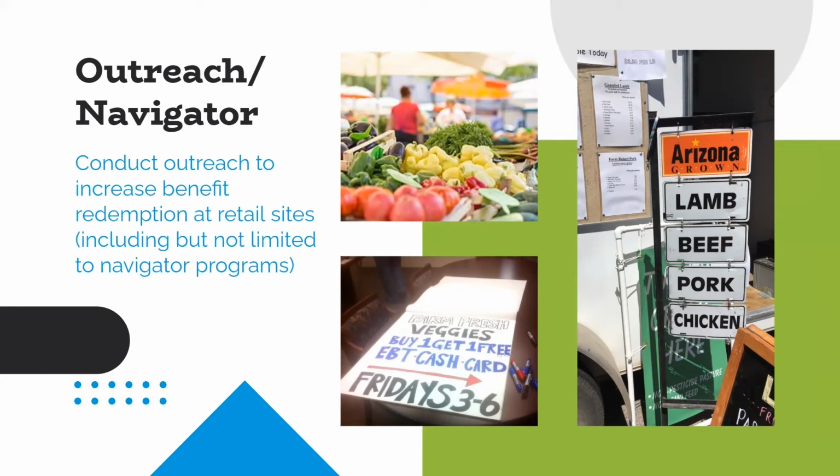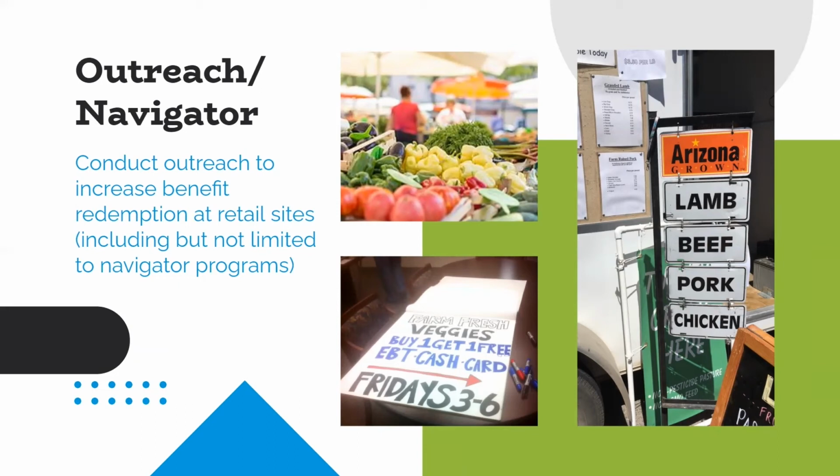One example is training staff at partner sites so they promote farmers market locations and benefits within a SNAP-Ed community. Another example is working with a farmers market to implement a navigator or ambassador program. Farmers market navigators or ambassadors increase awareness of programs like Double Up and assist farmers market customers in leveraging their food budgets.